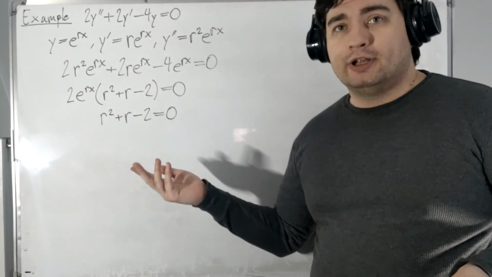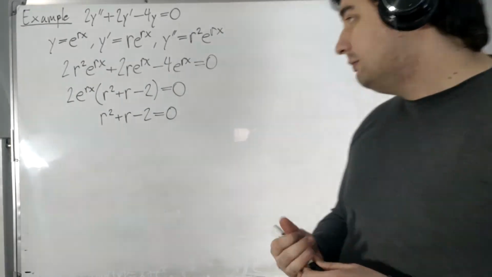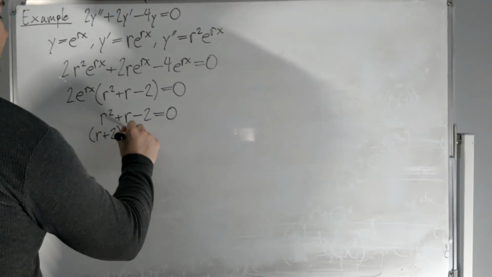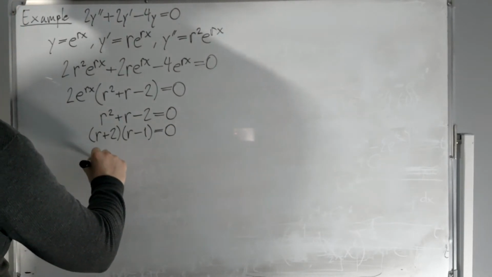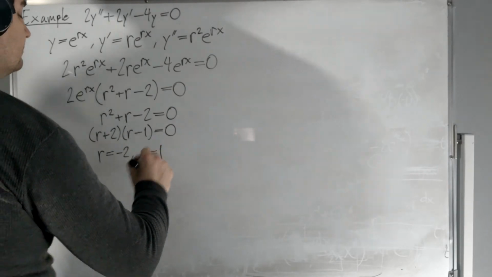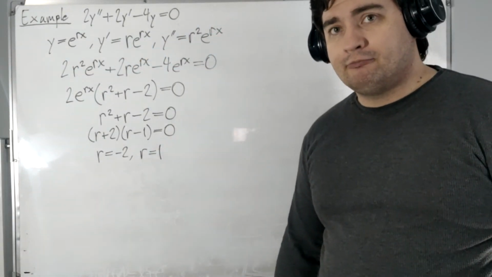All right, no problem. A quadratic equation, we know how to solve that from high school, right? We can factor this as (r plus 2)(r minus 1) equals 0, and get two different solutions, r equals negative 2 and r equals 1. Okay.